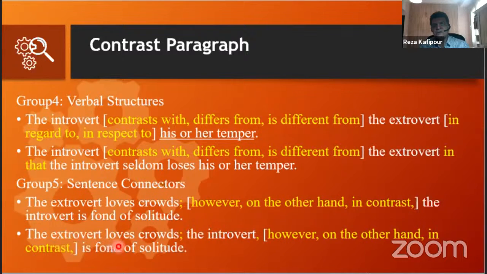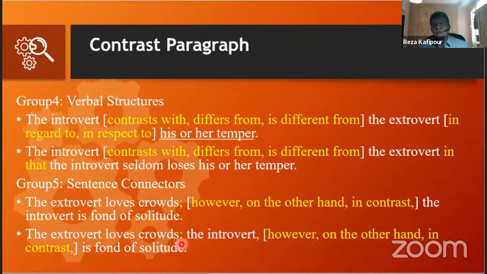The extrovert loves crowd, semicolon. But instead of the sentence connector, we start with the subject of the second sentence, the introvert. Now we add the sentence connector between two commas because it is not part of the second sentence, but we added it in the middle of the second sentence.